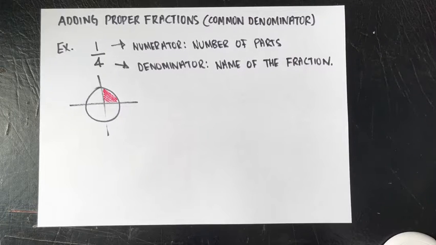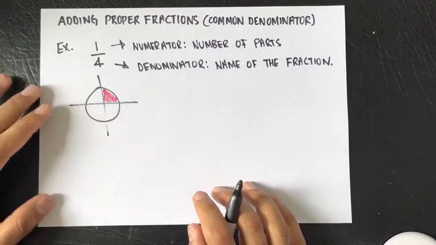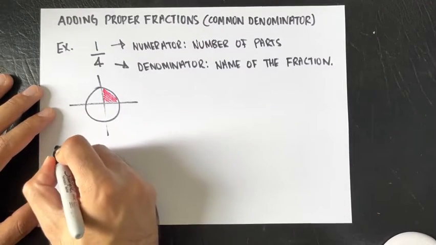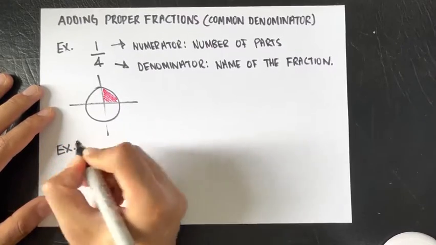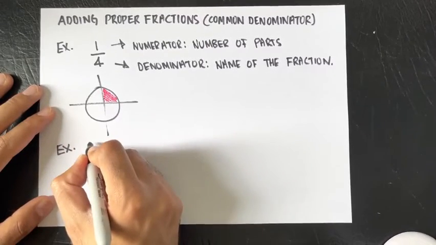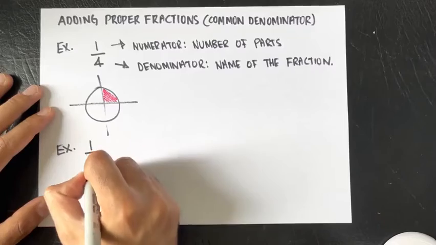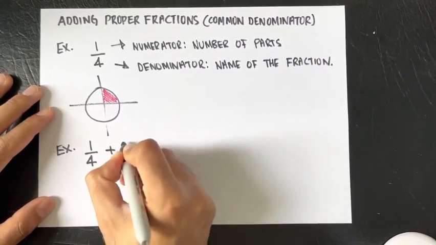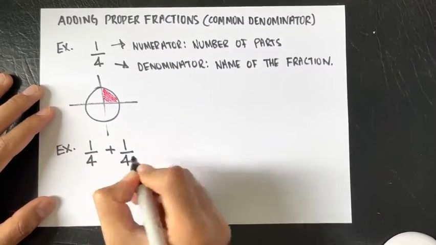Now, when you got fractions whereby you're adding them with the common denominator, it's the numerators that do all the arithmetic. So do an example. Let's say you got 1/4 plus 1/4.